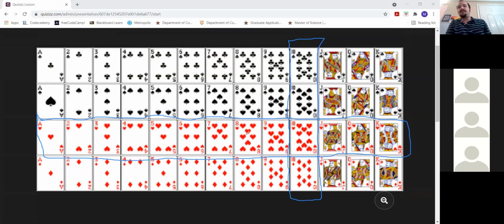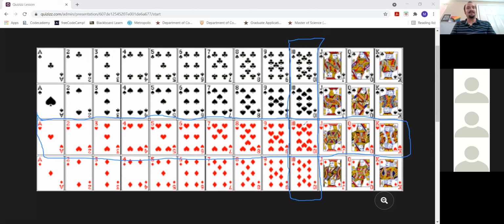Are those sets overlapped or are they disjoint? They're overlapping. Yeah, and what is the overlap called? Well, it's overlapping. What is the overlap when I talk about the 10s and the hearts?